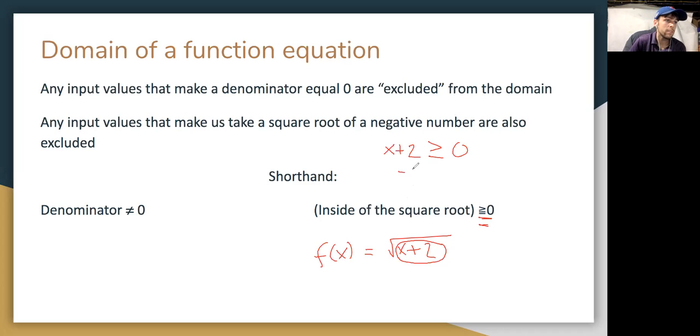So I solve this, subtract 2 on both sides, and I say, all right, as long as x is greater than or equal to -2, this would be our domain. It's a pretty simple process. Again, we just take what's on the inside of the square root, and we say it has to be greater than or equal to 0. Greater than or equal to 0 is just another way for us to say that it's basically positive, or rather, not negative.